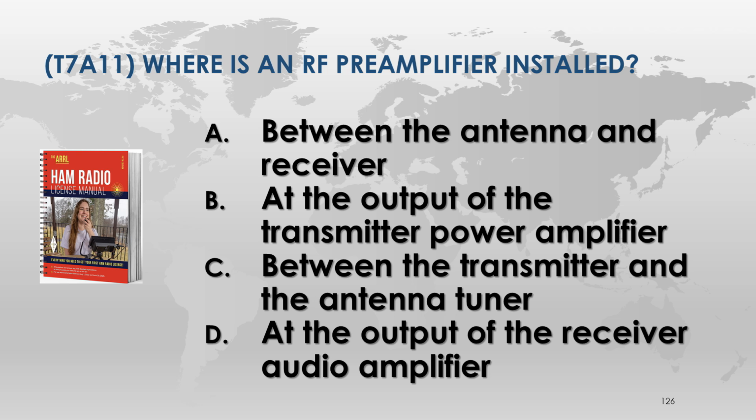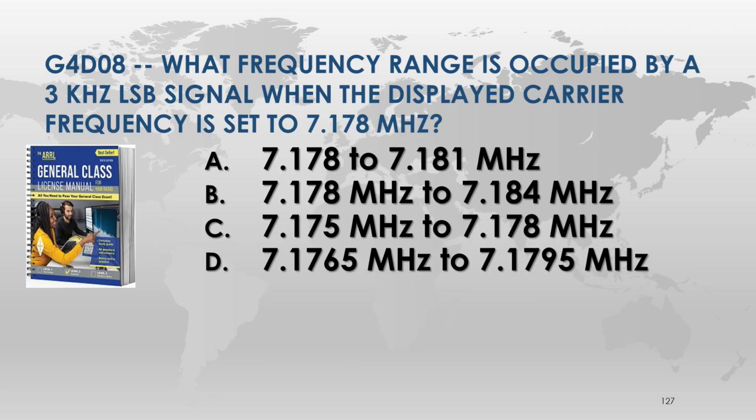Where is an RF preamplifier installed? Alpha. Between the antenna and the receiver. That is correct. What frequency range is occupied by a 3 kilohertz lower sideband signal when the displayed carrier frequency is set to 7.178 megahertz? Okay, draw this out.